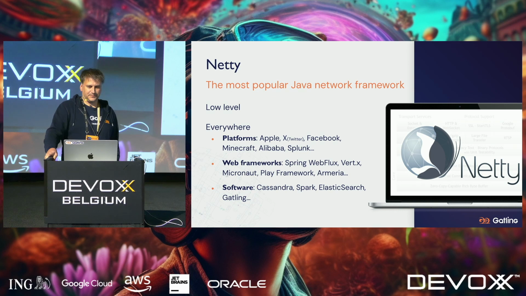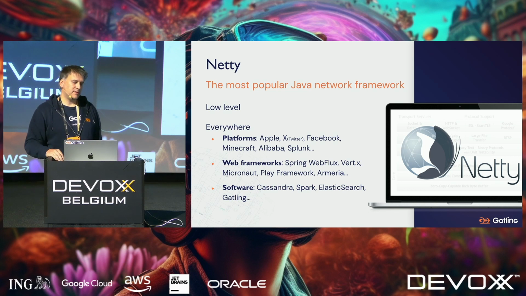And also it's used to propel lots of different platforms, in particular most of the services at Apple. Also, if you play with Minecraft, the servers are implemented on top of Netty. And also it's used by lots of different software, from databases such as Cassandra, Gatling, also it's used in the Java SDK for AWS if you're using the async API in version 2.